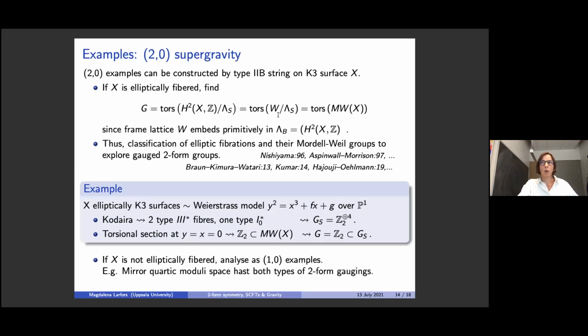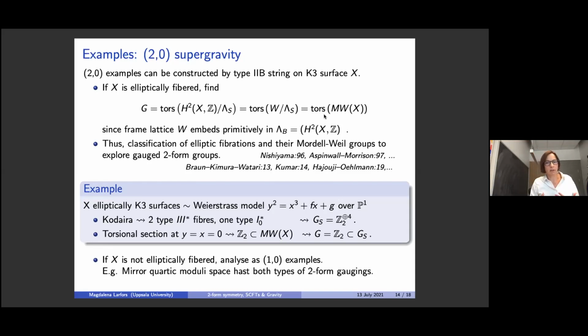What one can show in complete generality is that if the K3 surface that we compactify type IIB string on to get a 2,0 theory is elliptically fibered, then the 2-form symmetry group that we get will be given by the torsion part of the Mordell-Weil group.